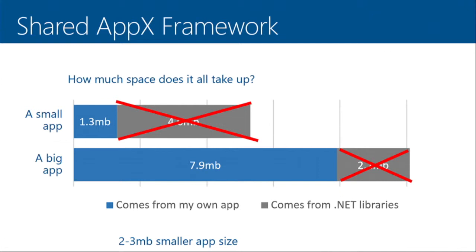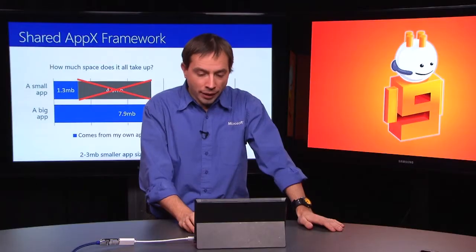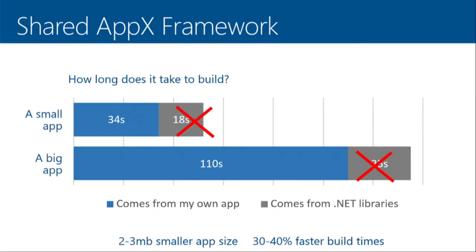What that will end up meaning in practice is 2 to 3 megabytes smaller app size on the customer machine. And because it's not doing global optimization on all of CoreFX DLLs, you get faster build times as well, 30 to 40% faster build times.